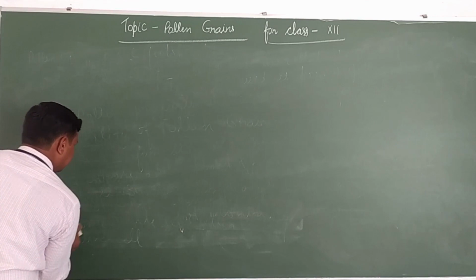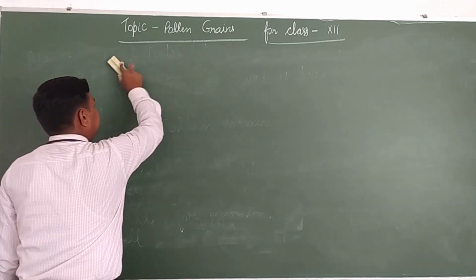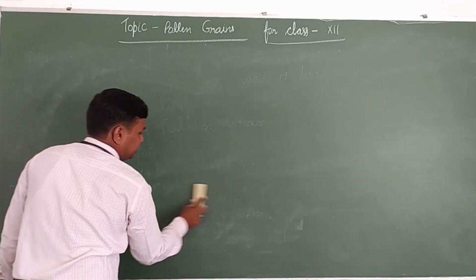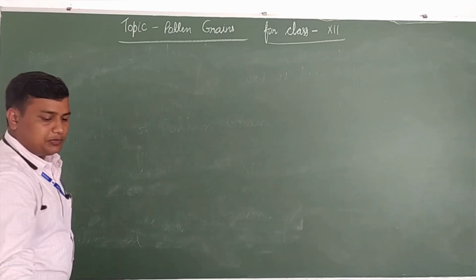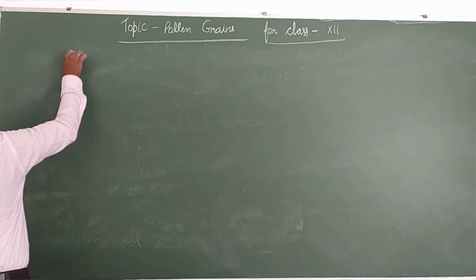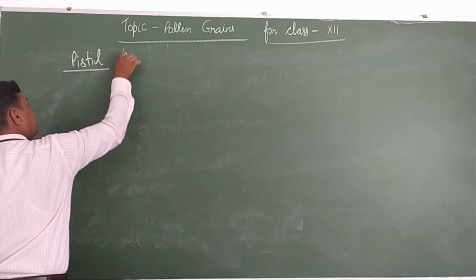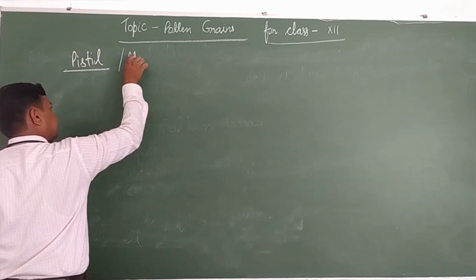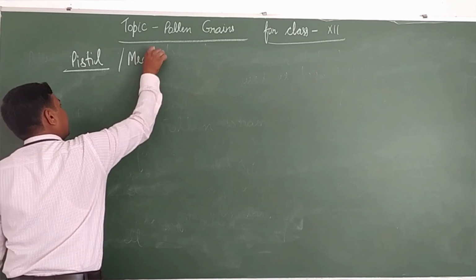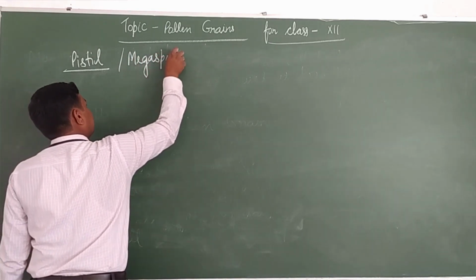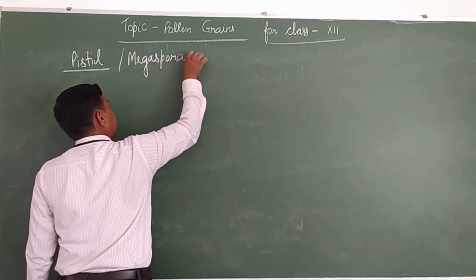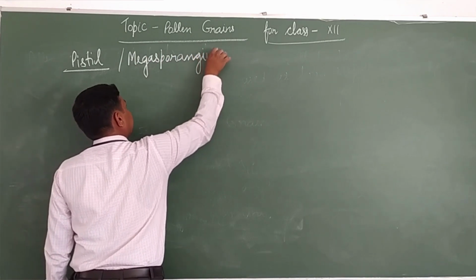On the basis of their position and structure, pistil is also categorized into two categories.